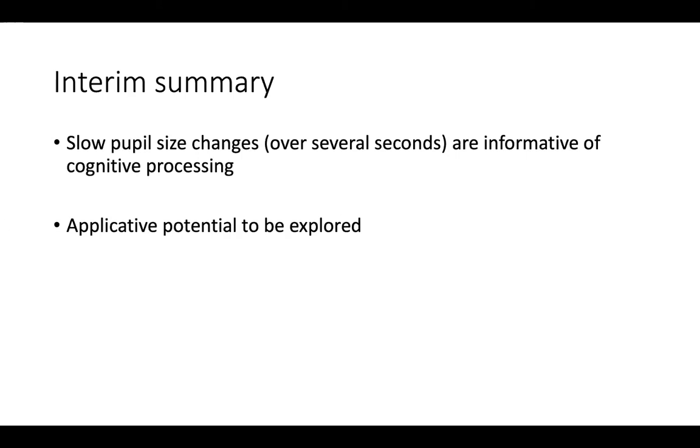Exploiting the applicative potential, though, would require reversing the logic and looking at the pupil diameter over time and being able to decode what people are thinking, what people are doing based on the variations of pupil diameter, which might be possible, but we haven't actually done that yet. And it would be fun to hear if in the audience there is anybody who has ideas on whether this would be possible and what would be a sensible way of looking at this kind of question.